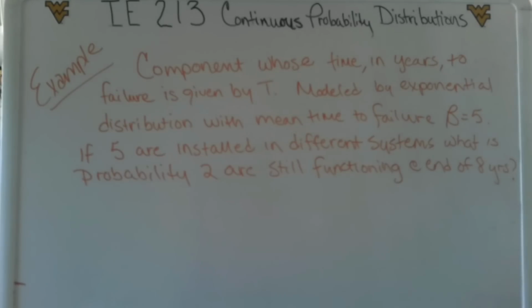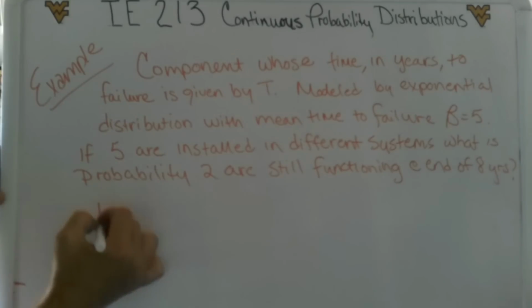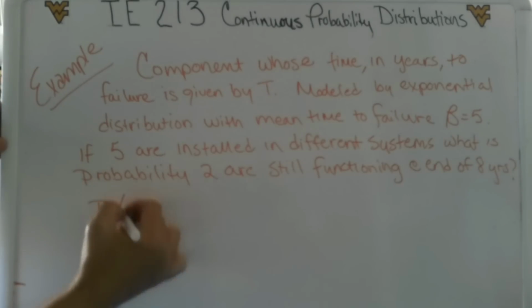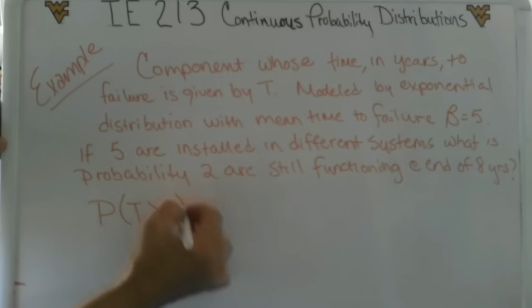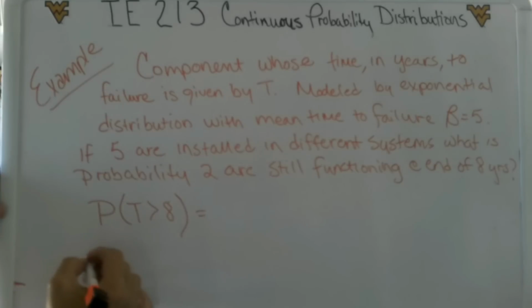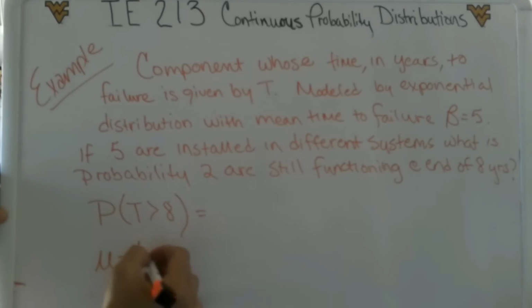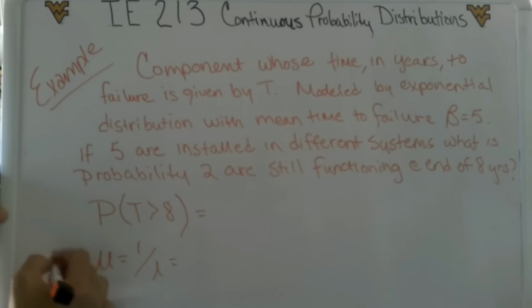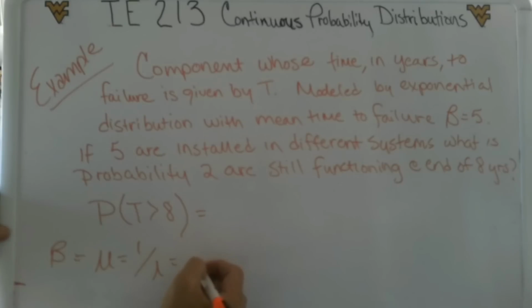So the first thing we want to do is find the probability that T is greater than 8. Since mu is equal to 1 over lambda and beta is equal to mu, then lambda is equal to 1 over mu, or 1 over beta.